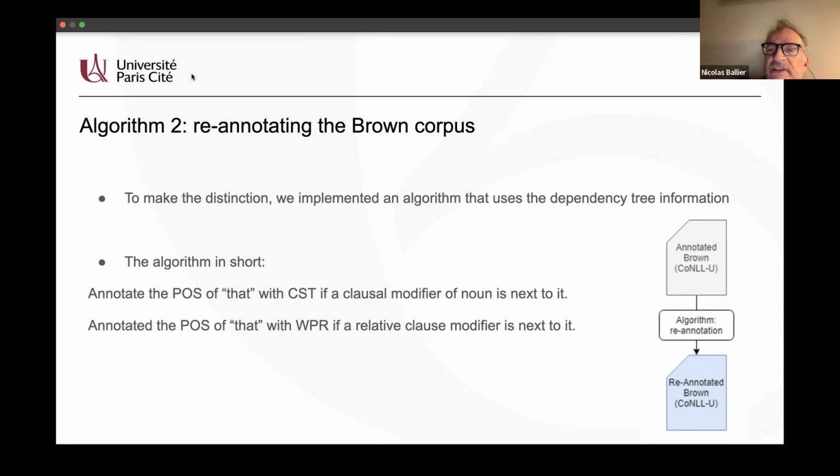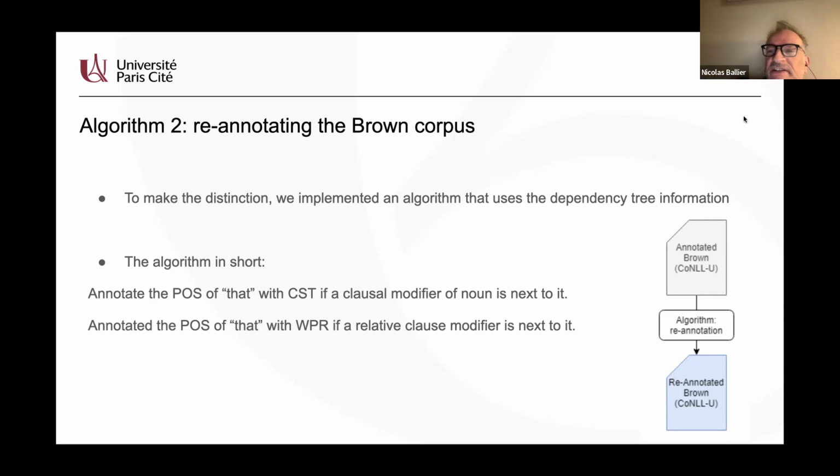And to do this, we used the functionality of TreeTagger that allows it to learn from a tagged corpus and to build the tagging with the desired tag sets and the desired tags.